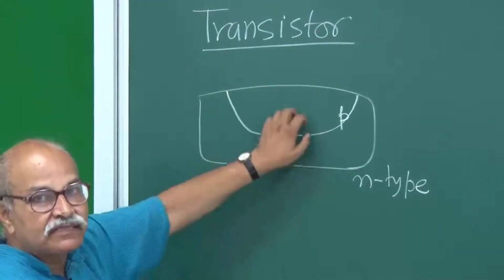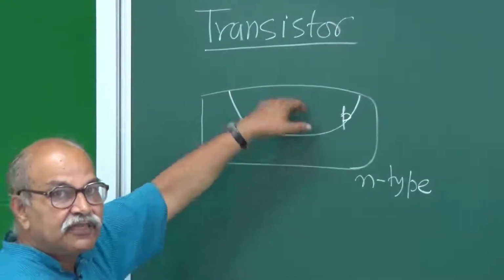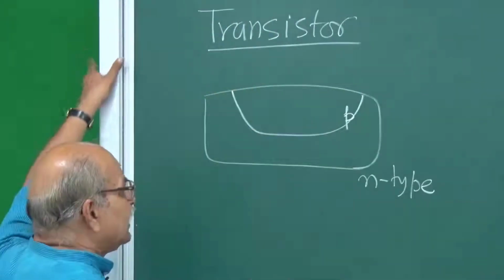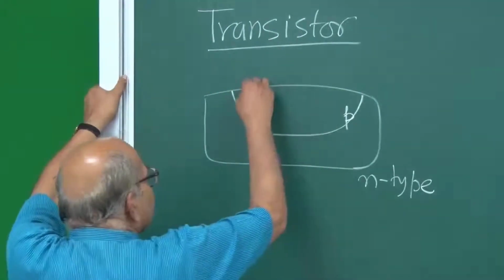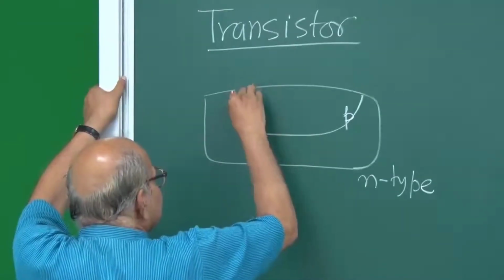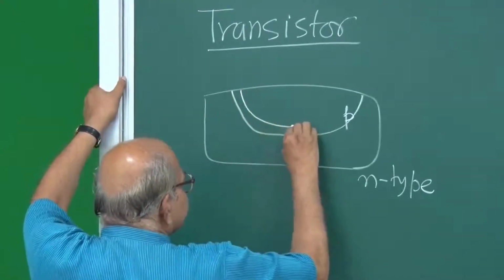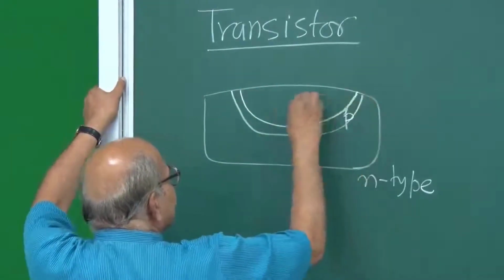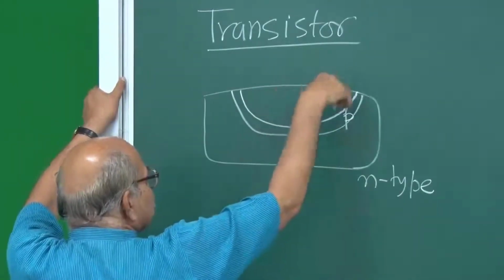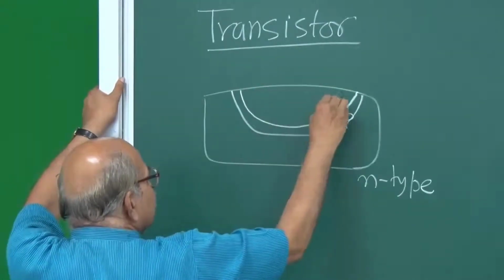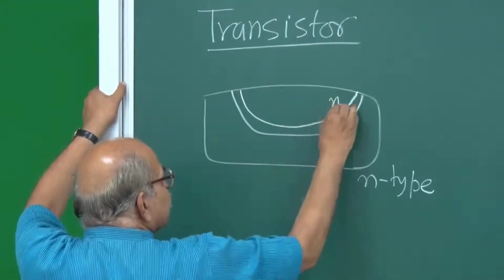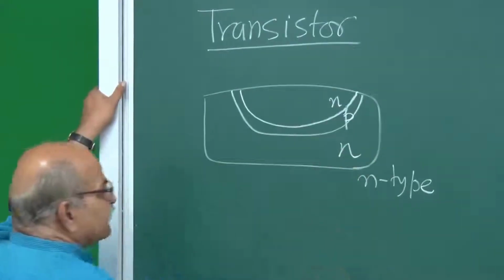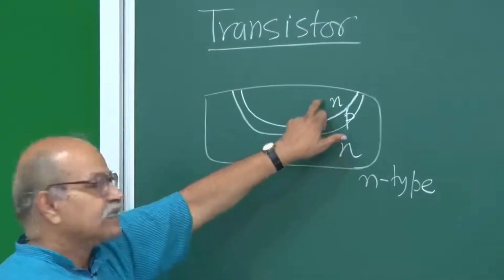You get a p-n junction. And then further diffuse n-type donor impurities from the top and make this region n-type. So this was already n-type, and this is p-type, and this is n-type.